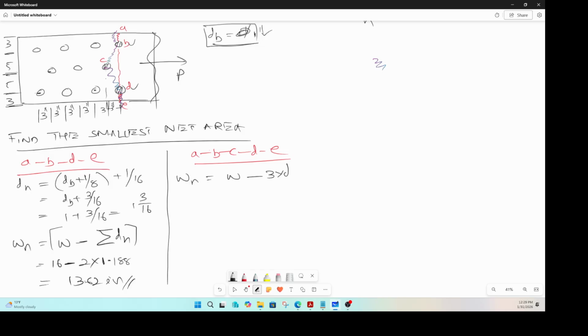So 3 times the diameter DH, minus s squared by 2g for that limb, another s squared by 2g for that.